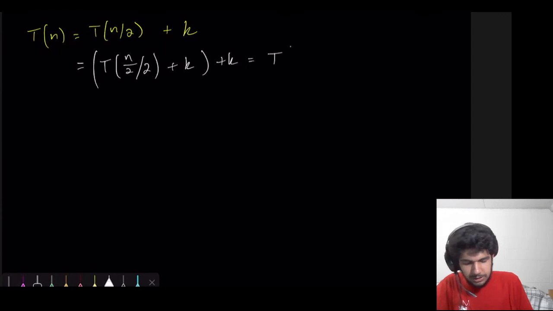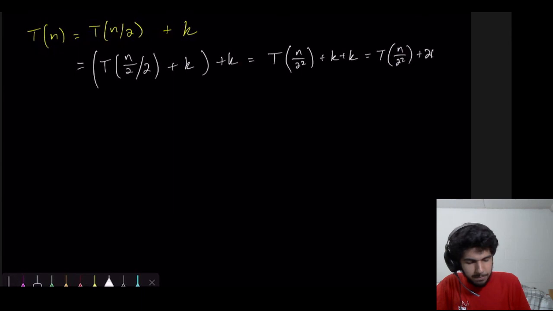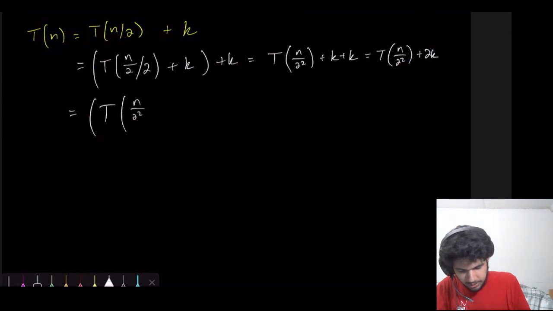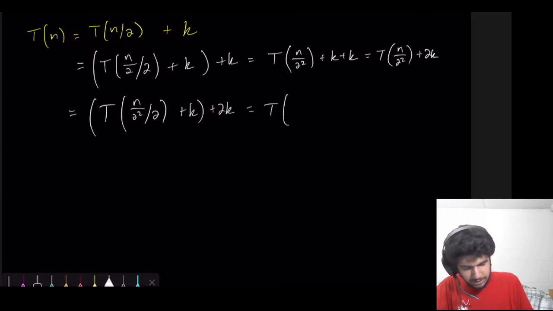So that's equal to t of n over 2 squared plus k, and that's just t of n over 2 squared plus 2k. All right, so let's plug that back in. T of n over 2 squared divided by 2 plus k plus 2k. It's going to be equal to t of n over 2 cubed plus 3k.